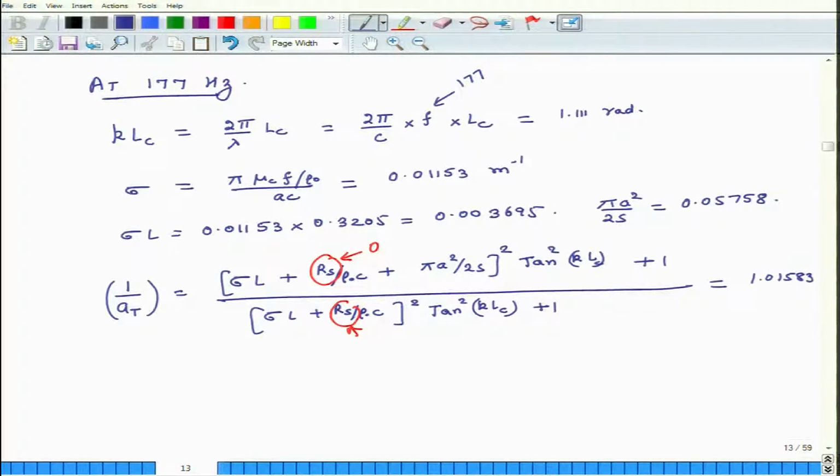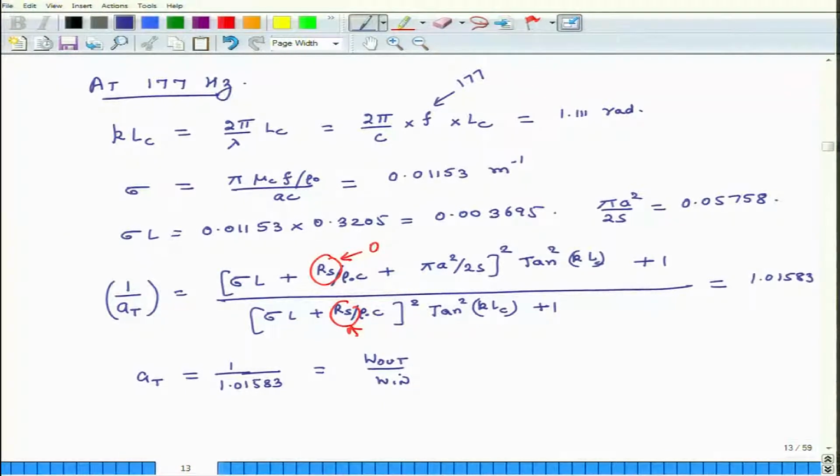Okay. What does that mean? If I take its inverse, then AT is equal to 1 divided by 1.01583, and AT is what we have defined as W out divided by W in.